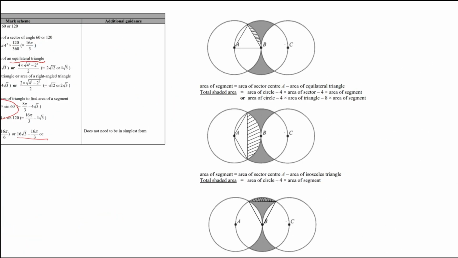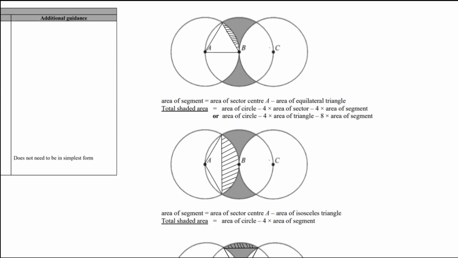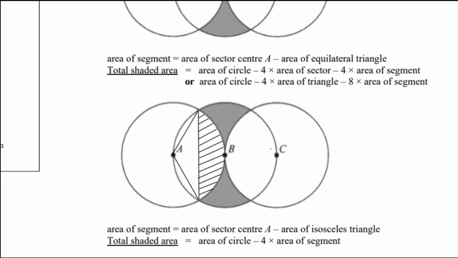There are also some other options you could use that are shown on the mark scheme. So obviously I went with the first approach, which was to find this segment here, but you can actually use different methods. So this segment would be 120 degrees because you've got the two equilateral triangles put together.